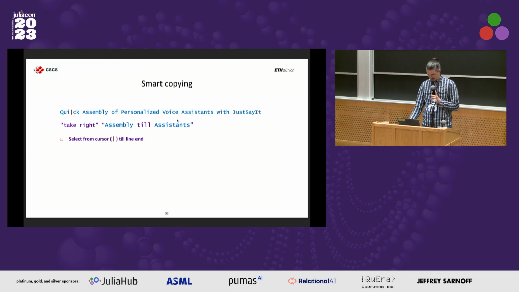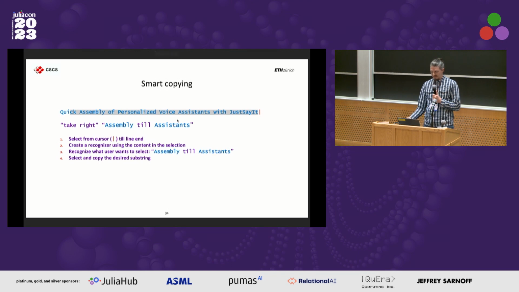How is that done? It would select from the cursor until the end, like this. And then it would create a recognizer using the content that is marked there. And with that, understand what the user said.